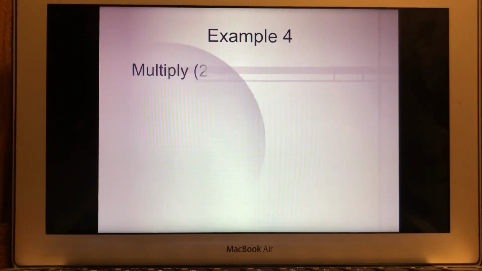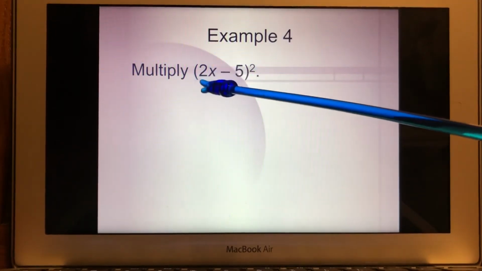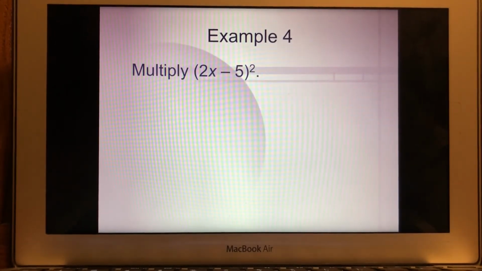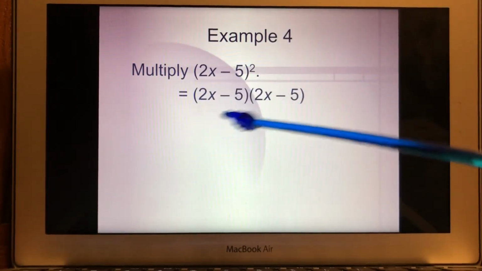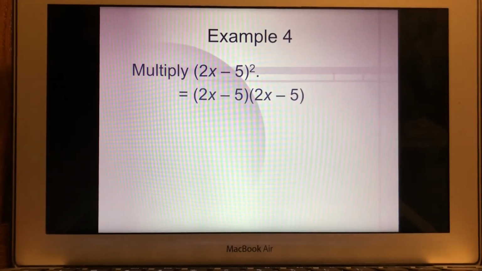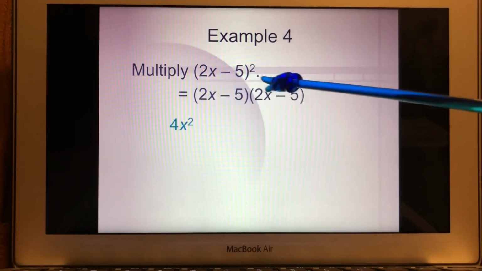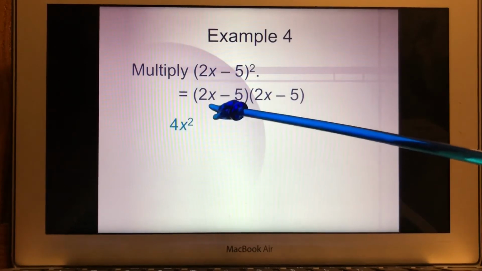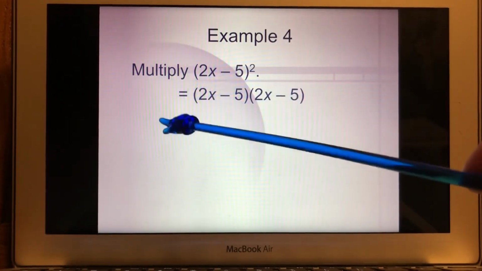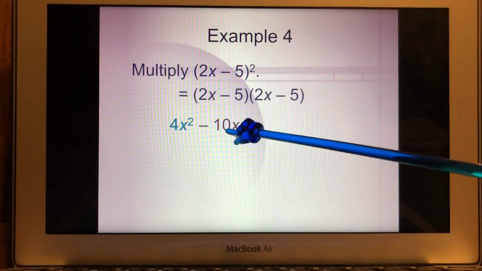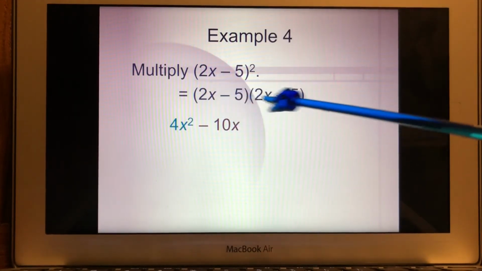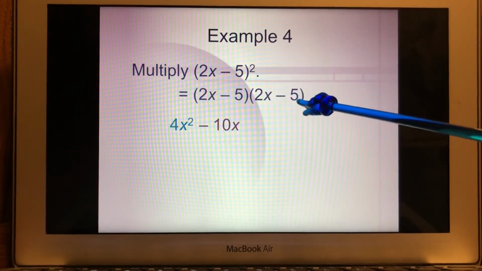So when you have a binomial squared, you can go ahead and write it out: 2x minus 5, quantity squared, becomes 2x minus 5 times 2x minus 5. Then you multiply the first terms first: 2x times 2x gives us 4x squared. The outside terms are 2x times negative 5, or negative 10x.